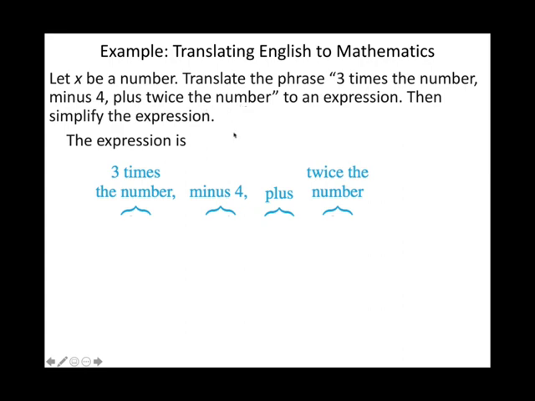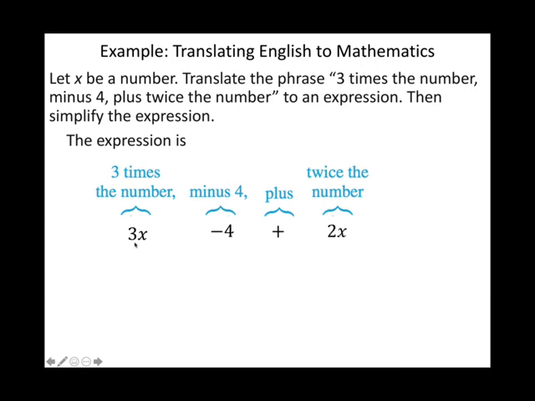Let's translate it one by one. 3 times the number. The number here is talking about the variable, so we're going to use the x in here. That will be 3x. Minus 4 plus twice the number. The number is going to be the x again, so that will be 2x.